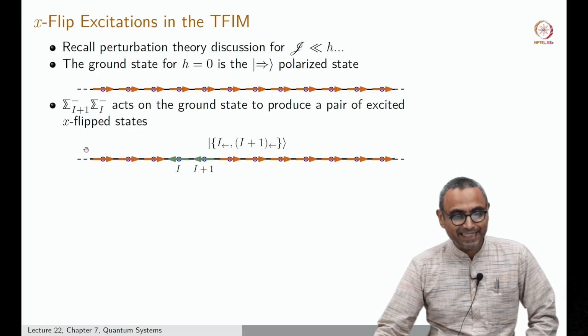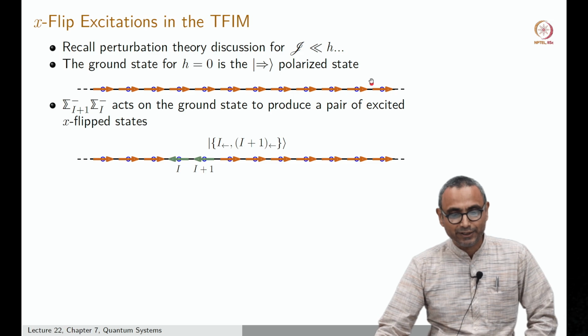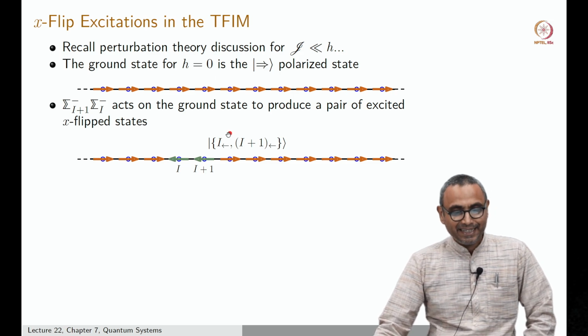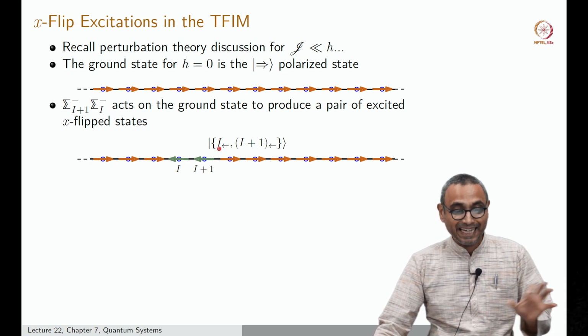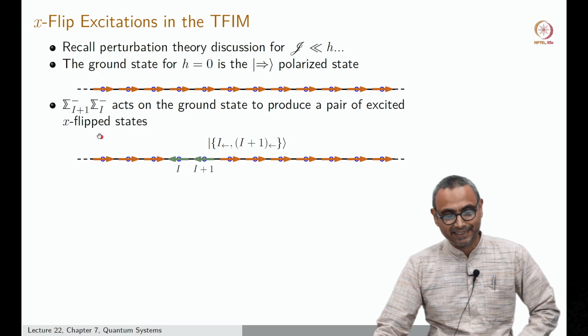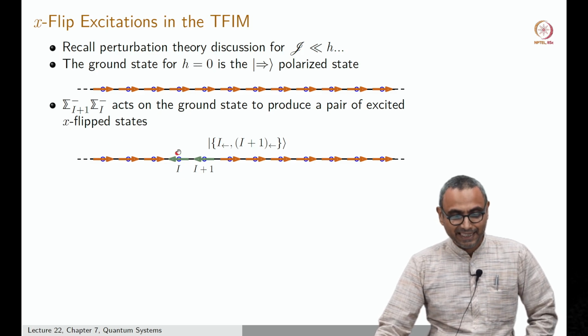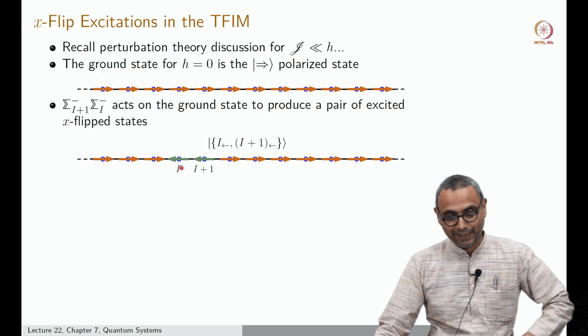What the Ising interaction would do on the ground state associated with H equal to 0, the fully x-polarized state, is produce these two spin-flipped, x-flipped states, where the spins at these sites have become negative x-polarized.